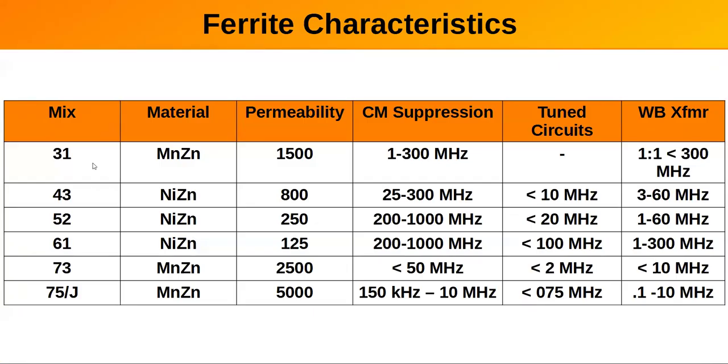This is showing some of the characteristics of the different mixes, what they're made out of, and the frequency ranges. 31s typically have a little higher loss, I guess. You normally see those as suppression elements like chokes, or for some transformers in that HF range.